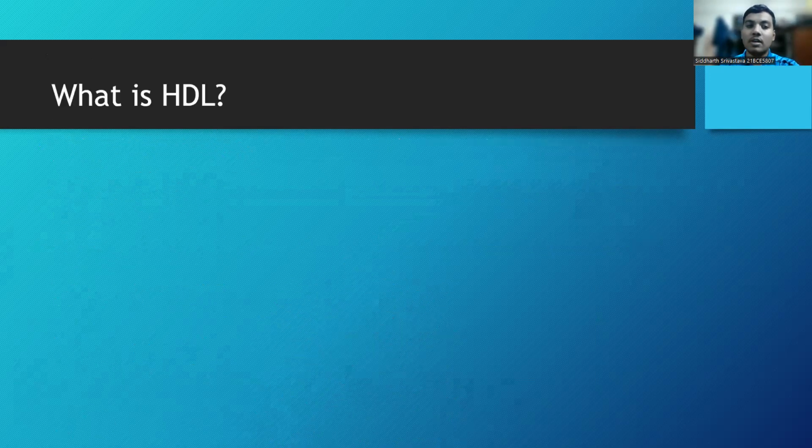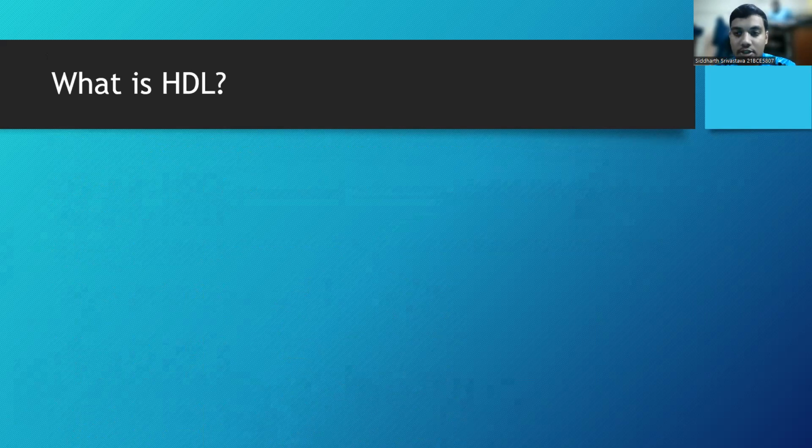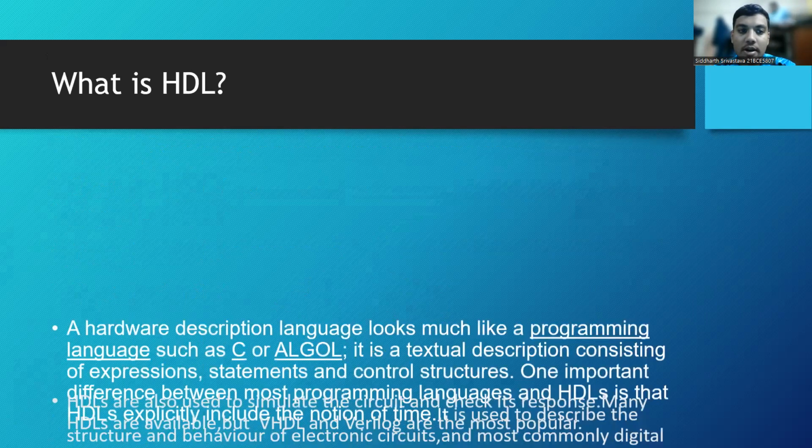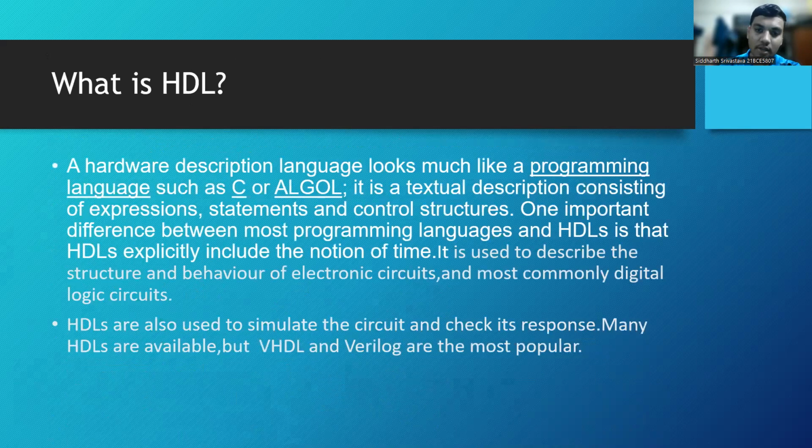So let's move further. We are going to discuss now what HDL is. HDL stands for Hardware Description Language. It is very much like a programming language such as C, and it is a textual description consisting of expressions, statements, and control structures. One important difference between most programming languages and HDL is that HDLs explicitly include the notion of time.